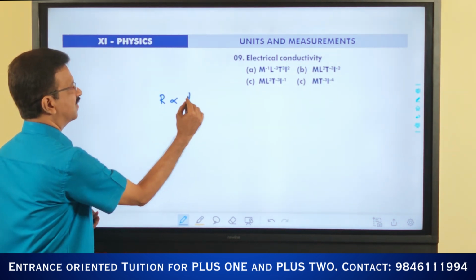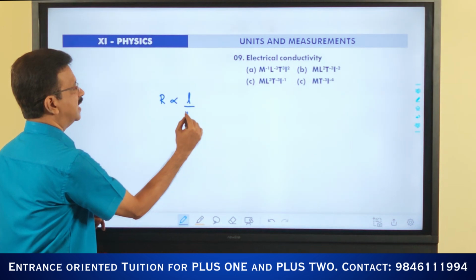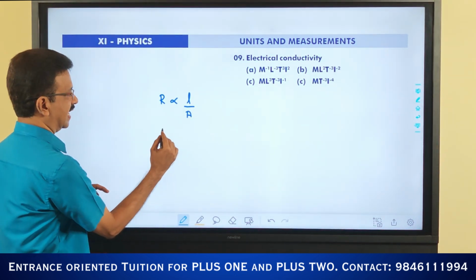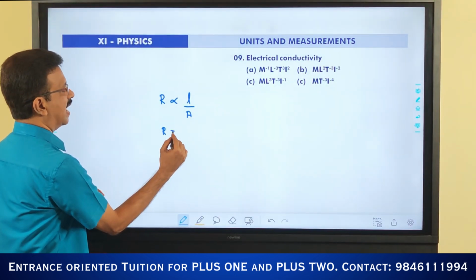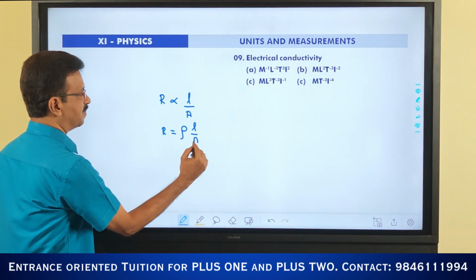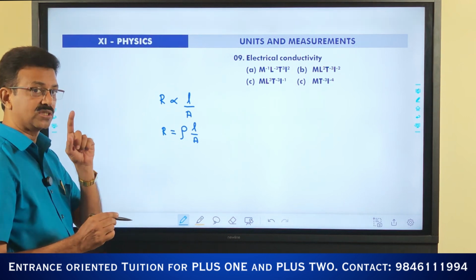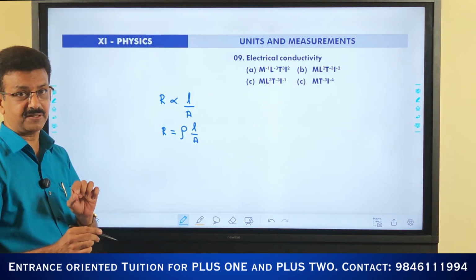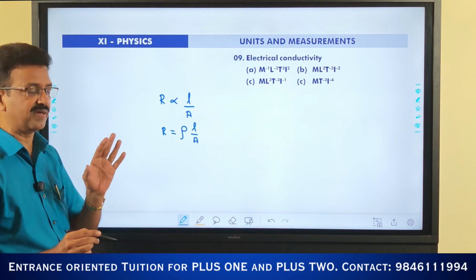Therefore, R equal to rho L by A. This proportionality constant rho is called specific resistance or resistivity.